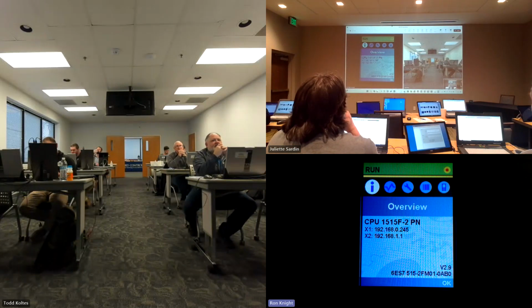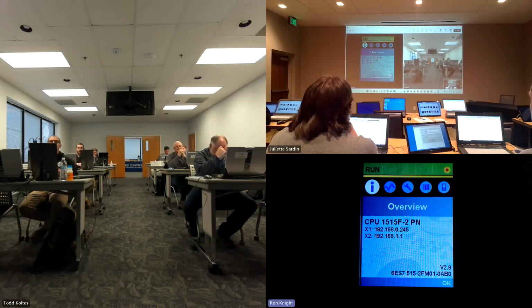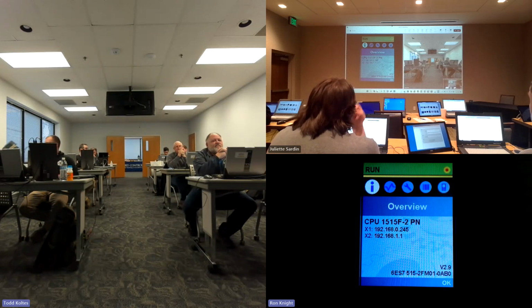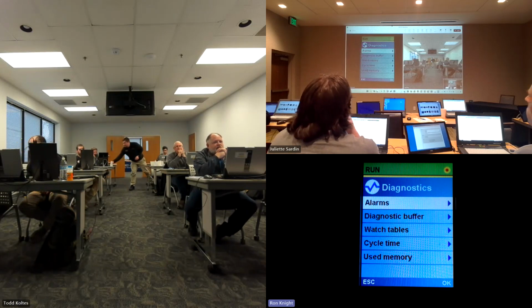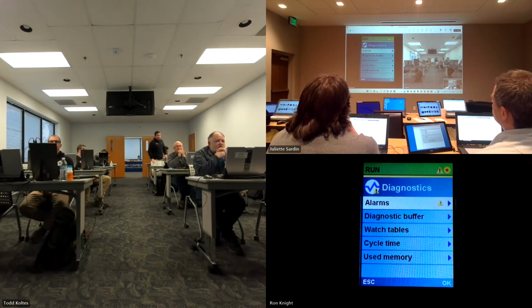You should be able to see my camera zoomed in on the display of a 1500 PLC. Right off the bat, you can see the model number and the IP addresses. Notice the F in the name; that is a safety PLC. Some of the information we can get here is diagnostic information, so I can actually cause an alarm to happen.